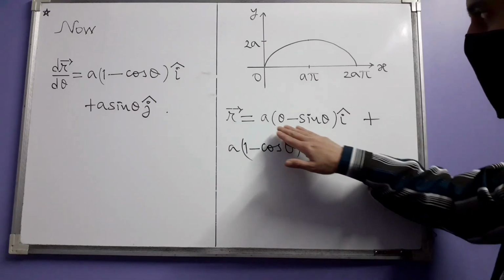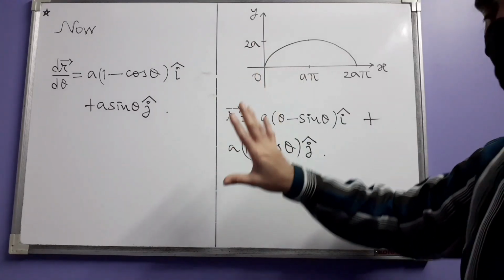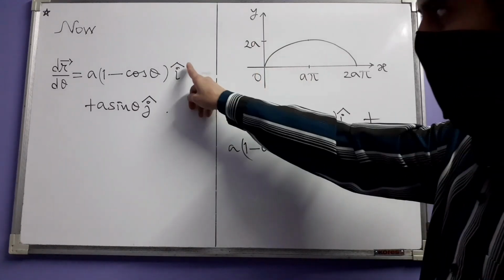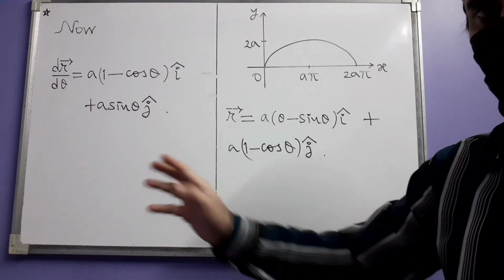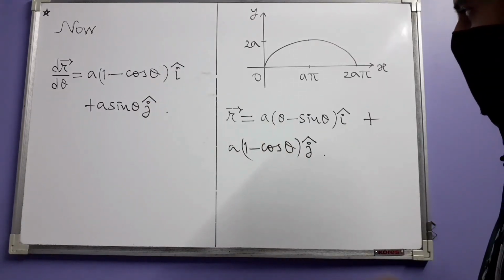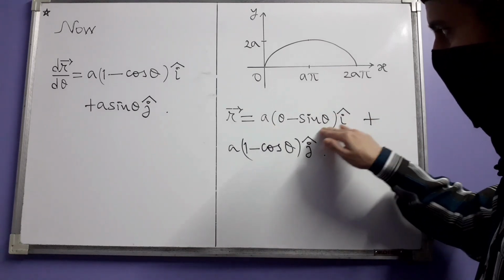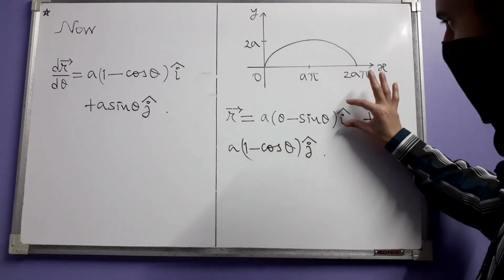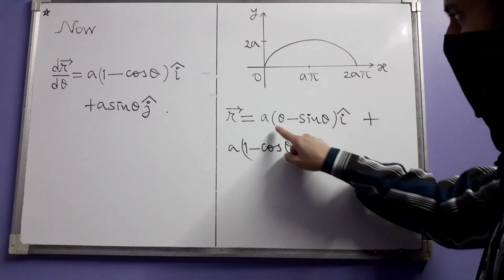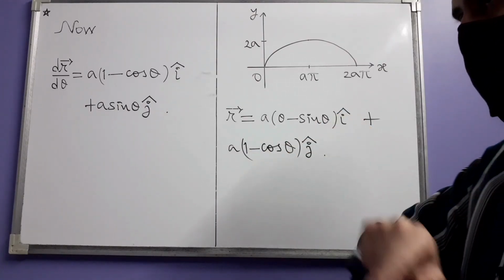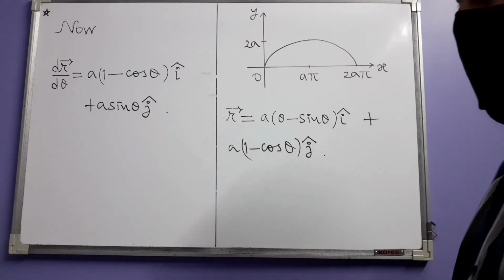This is going to mostly be the case, that these basis vectors won't change with respect to whatever parameter we have. So in most cases you just have to differentiate the components, treating these vectors as constant. So when you differentiate this ordinary real valued function with respect to theta, what do you get?